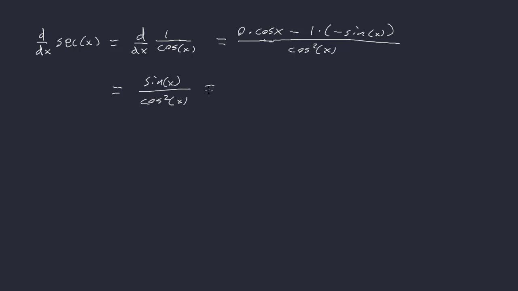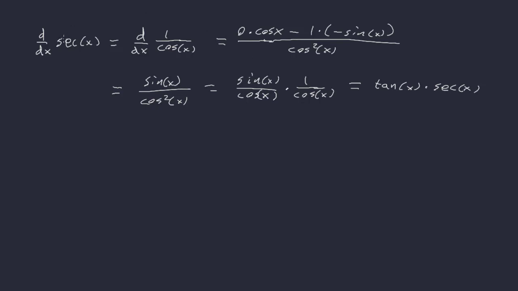Okay, so to simplify this, what we're going to do is break it up so that I have sine of x over cosine of x times 1 over cosine of x. And the reason we do that is so that we can rewrite this as, well, sine over cosine is tangent, and 1 over cosine is secant.